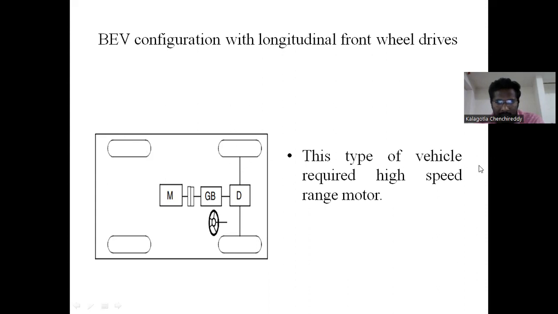This type of vehicle requires a high speed range motor. Here we have the motor, clutch, gearbox, and differential. This type of vehicle uses high speed motors, used for long distance.